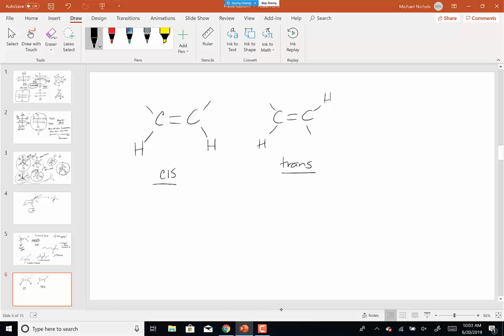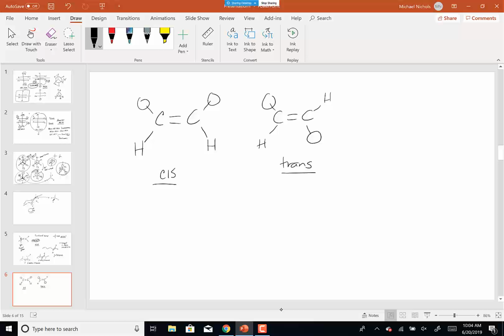So those terms can only be used if one carbon has a hydrogen and if the other carbon has a hydrogen. And so we've got a hydrogen and a non-hydrogen group, a hydrogen and a non-hydrogen group. So if I say I have the cis isomer, it doesn't matter whether you say, well, is it the hydrogen or is it the non-hydrogen groups?